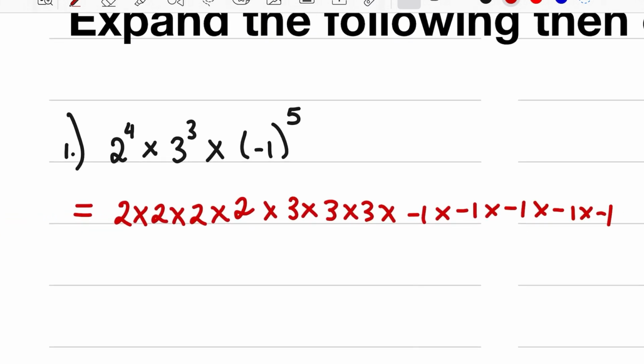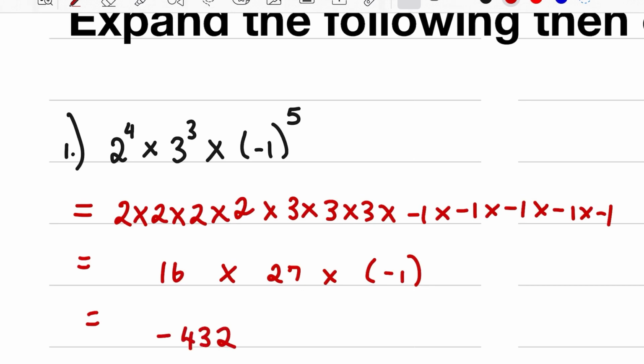Now we know that 2 to the power of 4 is 16, 3 to the power of 3 is 27, and minus 1 to the power of 5 is going to be minus 1, because a negative base and odd power means we have a negative answer. So we have 16 multiplied by 27 multiplied by minus 1, which gives us minus 432. Again, work it out manually or use a calculator. Either one works.